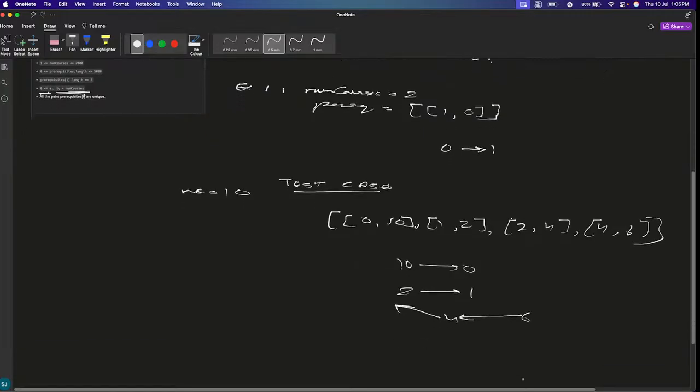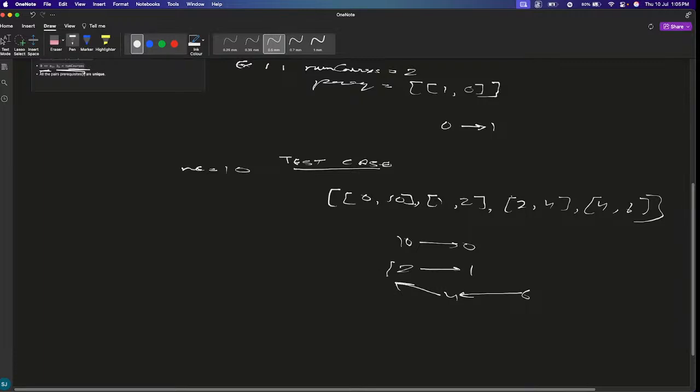Now if I were to convert this into the adjacency list, how would it look? For 0 it would be nothing. However, for 10 it would mean 0 over here.